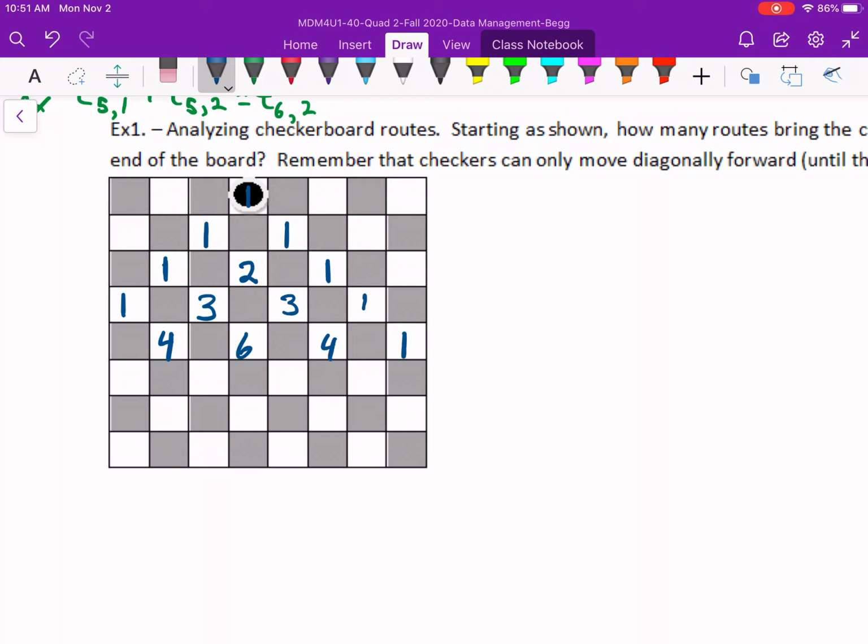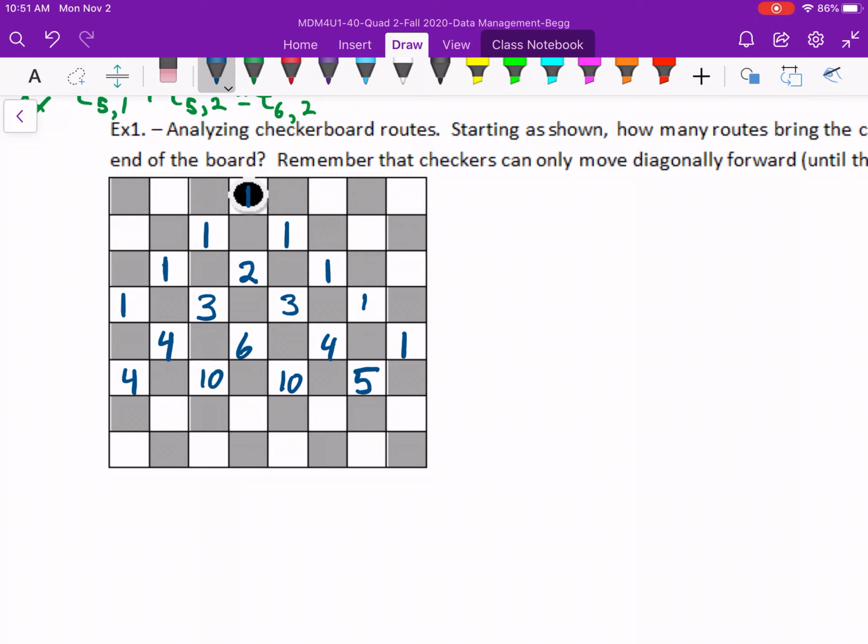Now this square here, how many ways are there to get to it? Again, it's always adding the two above it, but there can't be one here, so really there are four ways to get to this one as well. So I can keep using Pascal to figure out that there are four ways to get to this square, and then 10, and 10, and 5.